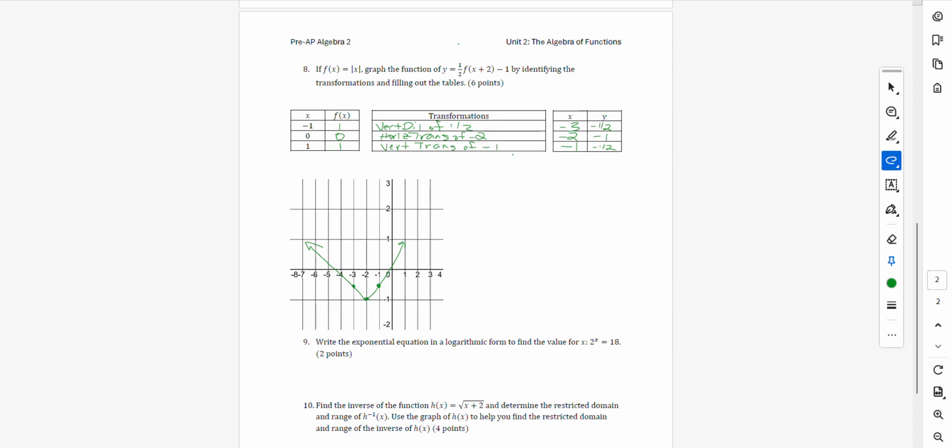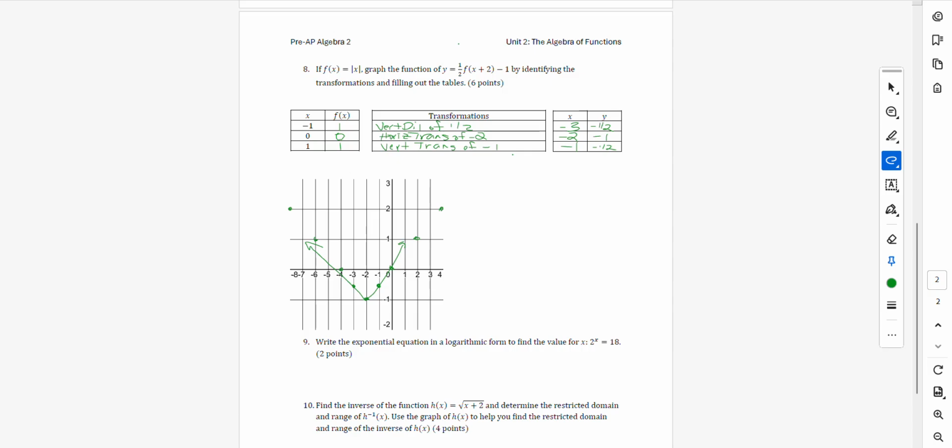The other thing that you could have tried is thinking about the absolute value function, that 1/2 is the rate of change. So you could have gone up 1 over 2, up 1 over 2, up 1 over 2, up 1 over 2, up 1 over 2, up 1 over 2.